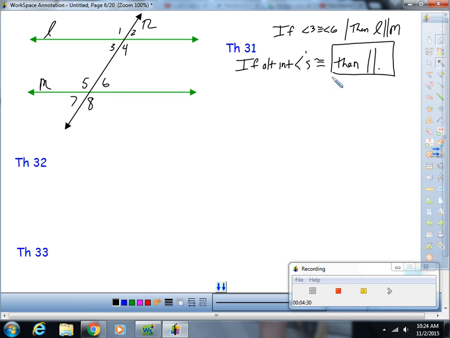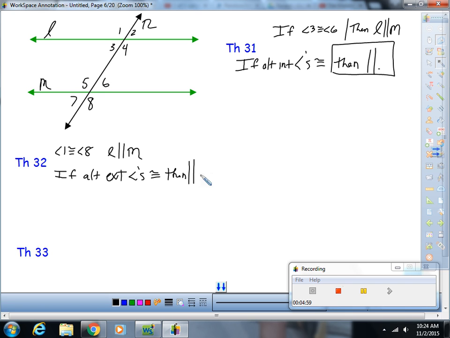Theorem 32 would be, let's say we had angle 1 is congruent to angle 8. Then you could also prove that line L was parallel to line M. That would be the alternate exterior angle theorem. So if alternate exterior angles are congruent, then lines are parallel. That's Theorem 32.